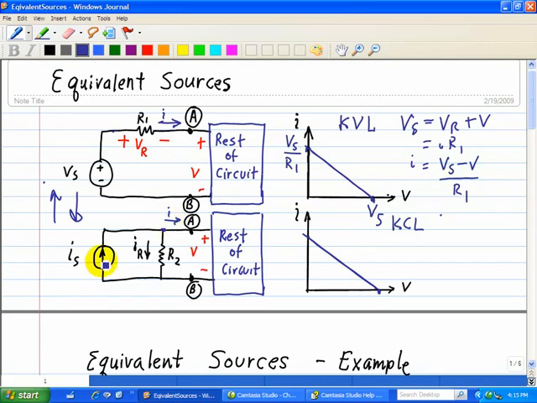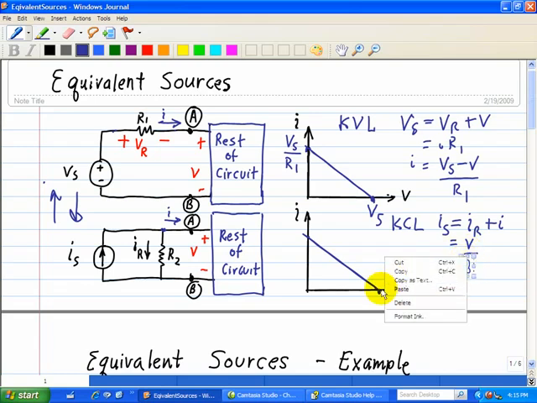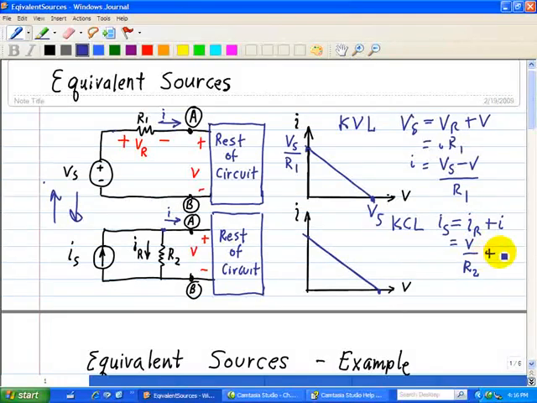Taking a look at node A, the incoming current is Is, which is equal to the outgoing current, which consists of IR plus I. We can replace IR with Ohm's law, such that this is equal to V divided by R2, plus I. And we can solve for I. I is equal to Is minus V over R2.